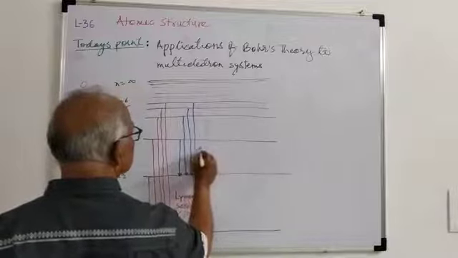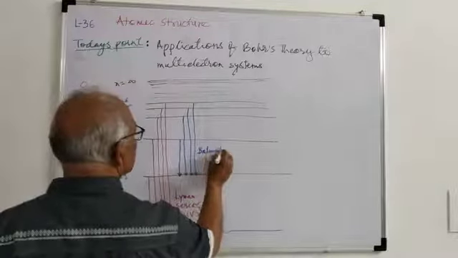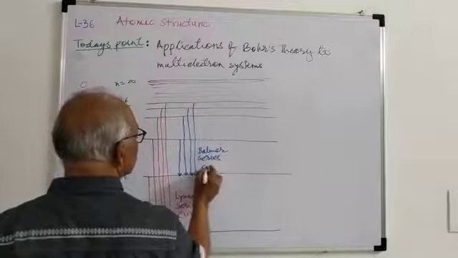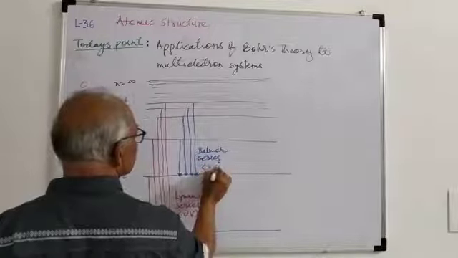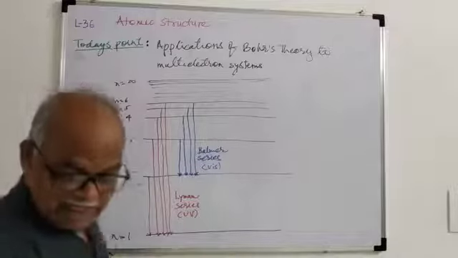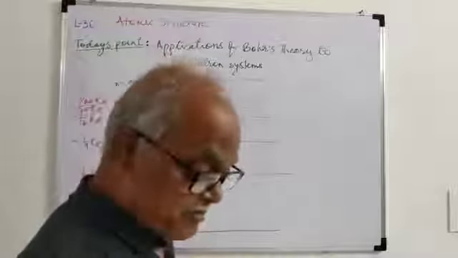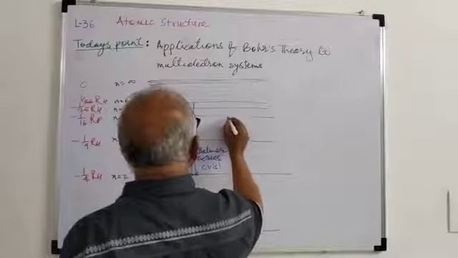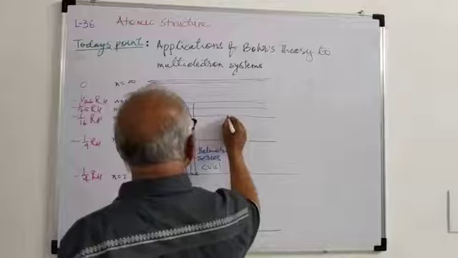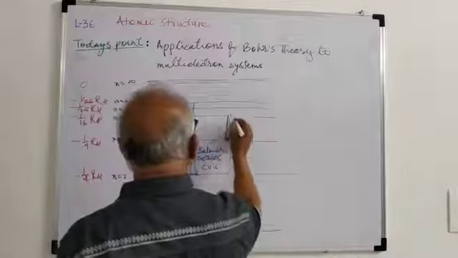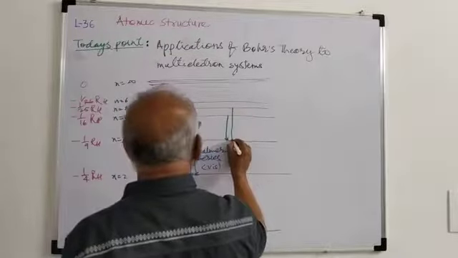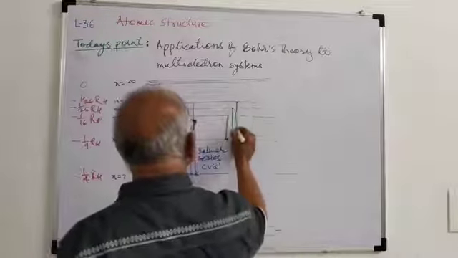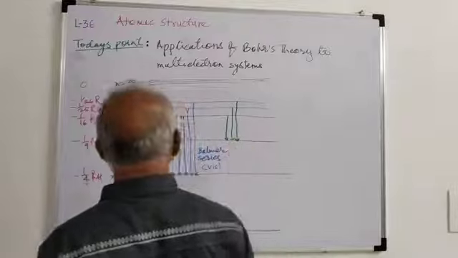It is called the Balmer series. So this works well in the visible region of the spectrum. Then, in case of the third series, the electron can come back from n is equal to 4 to n is equal to 3, n is equal to 5 to n is equal to 3, and n is equal to 6 to n is equal to 3.